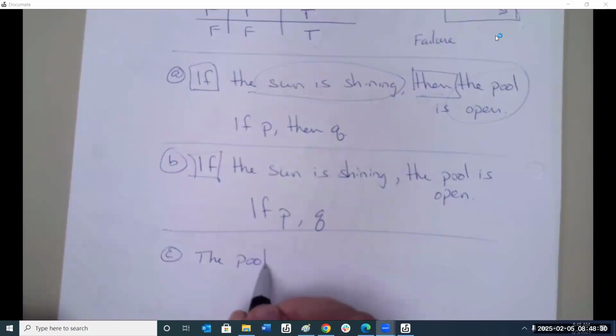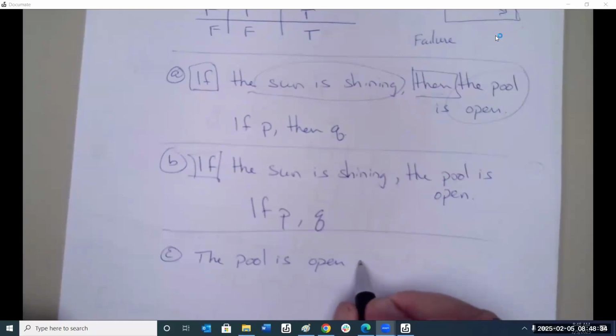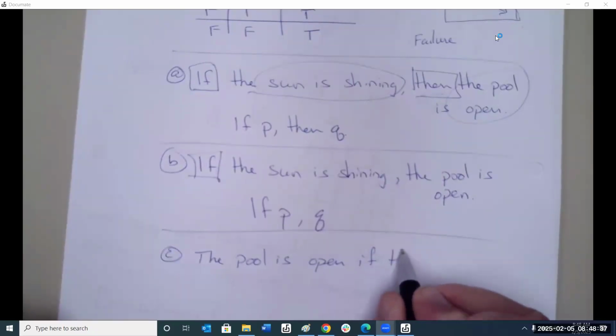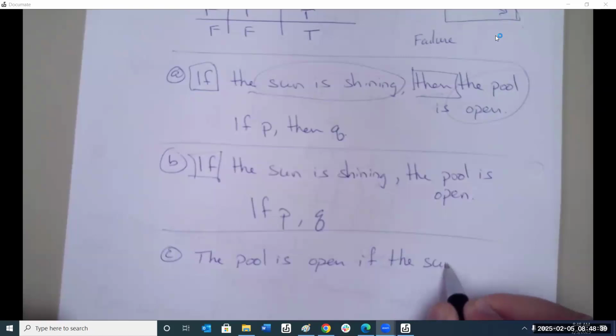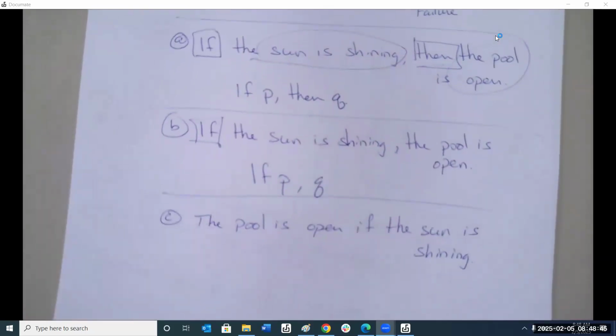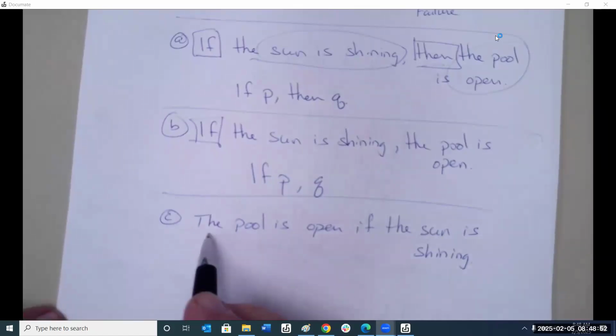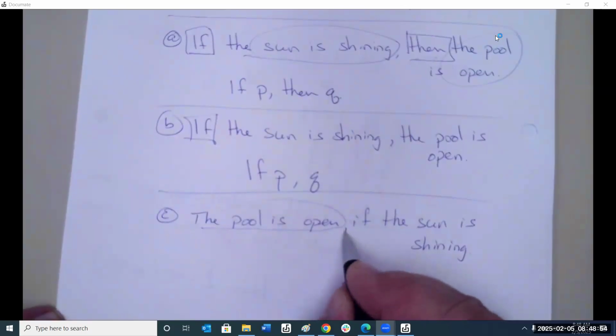The pool is open if the sun is shining. Is that the same thing? Is that a conditional? Yeah. The pool is open, comma.